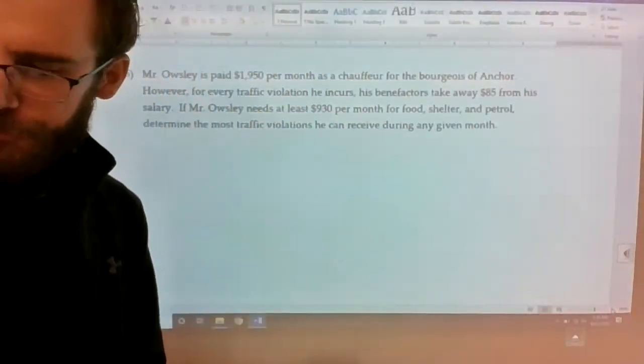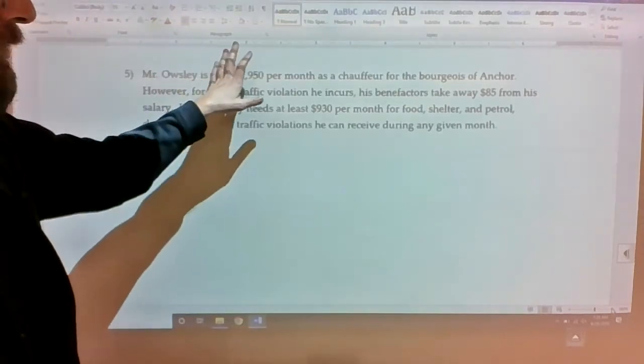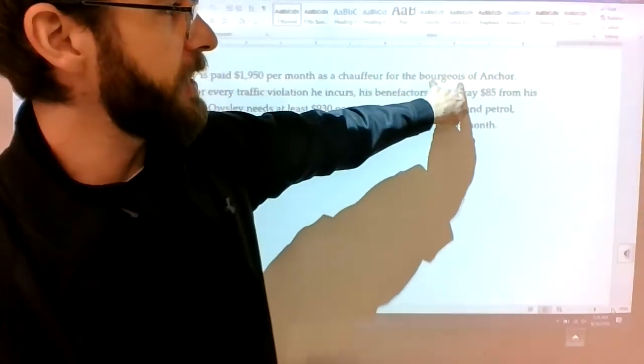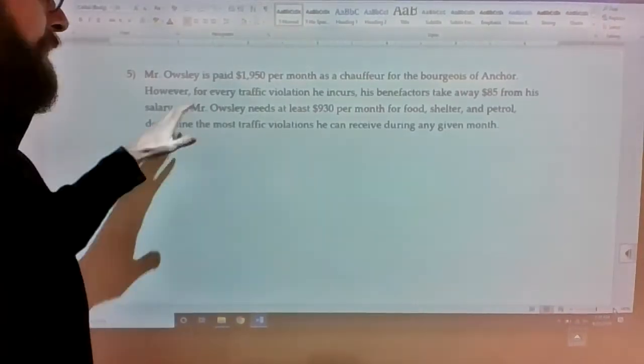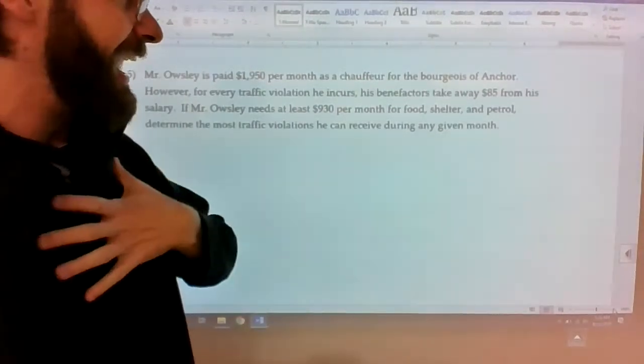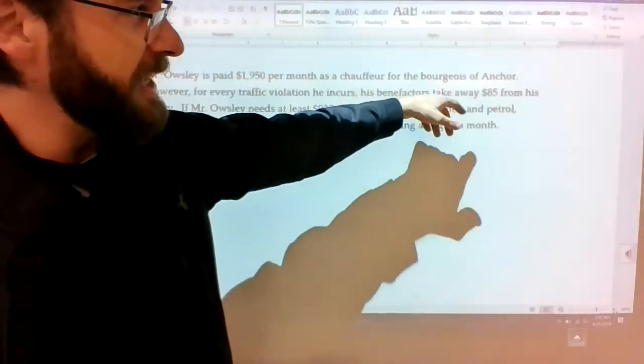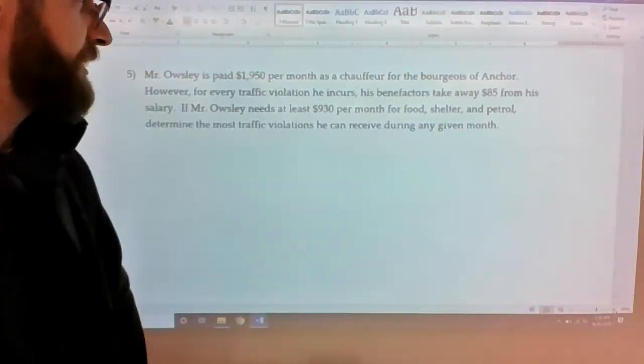All right, so in an alternate reality, I work as a chauffeur for the upper middle class of Anchor, right? However, for every traffic violation I get, the people are taking away $85 from my budget, okay?